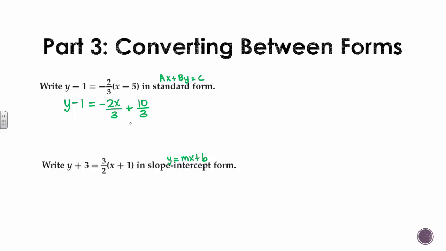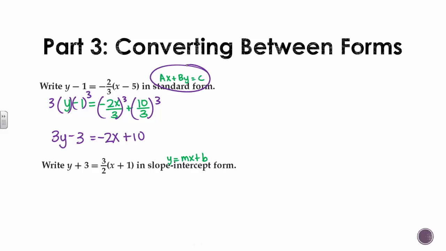So both of these have a denominator of 3. So what I'm going to do is multiply everything in this equation by 3 and see what happens. This becomes 3y minus 3. And on this side, if I multiply this fraction by 3, I just get negative 2x. And here, oops, I just get 10. Now this is much prettier.